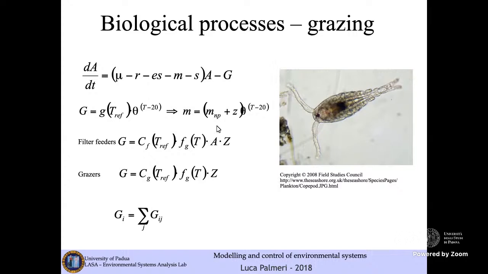So in this case, you may write that the total mortality is equal to the non-predatory mortality plus a quota of mortality depending on the concentration of zooplankton, corrected by an Arrhenius-like factor that corrects for the effect of temperature.